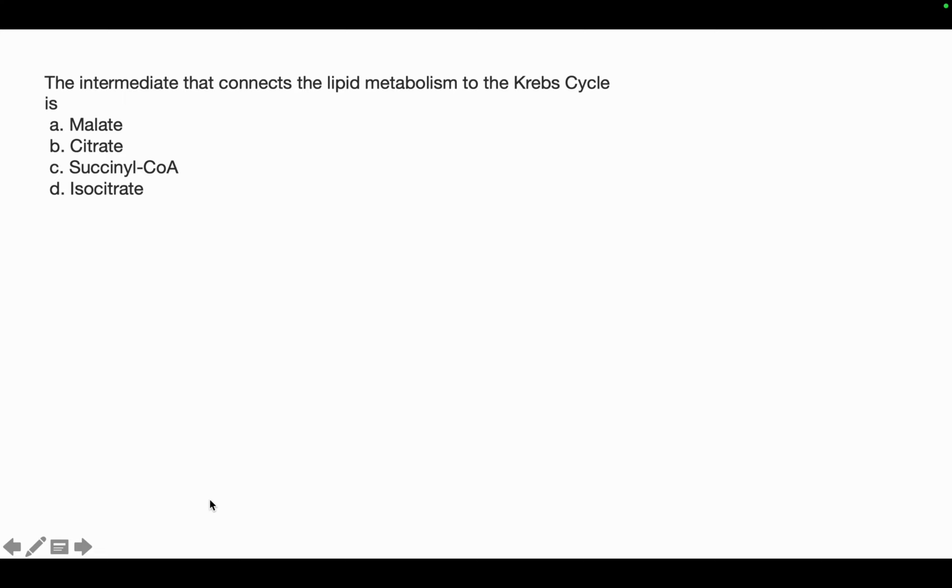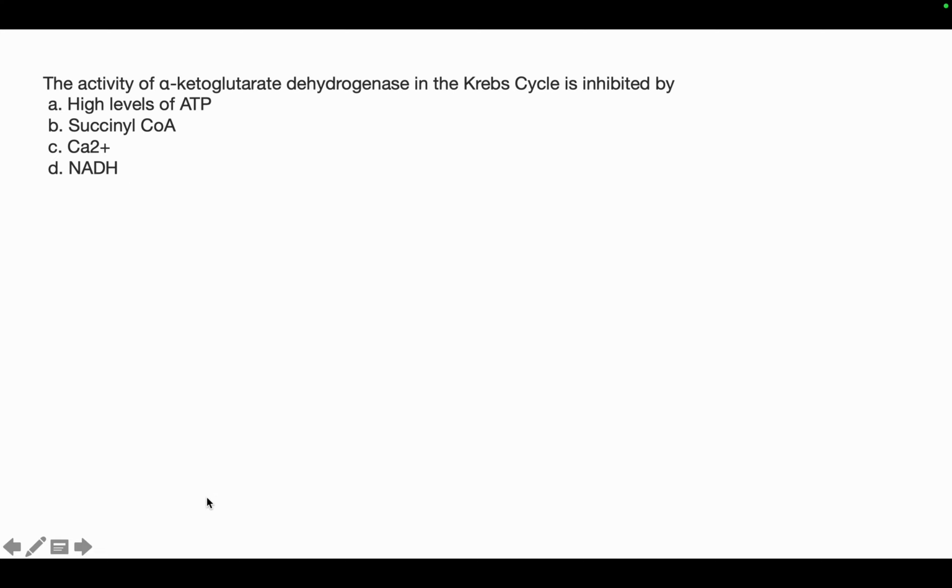The activity of alpha ketoglutarate dehydrogenase in Krebs cycle is inhibited by... So, as the name suggests, this is a dehydrogenase enzyme.